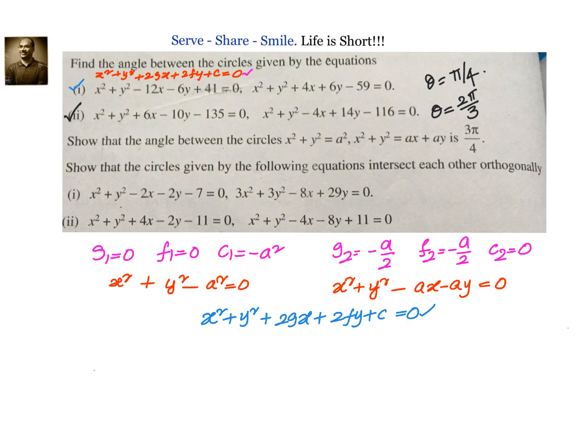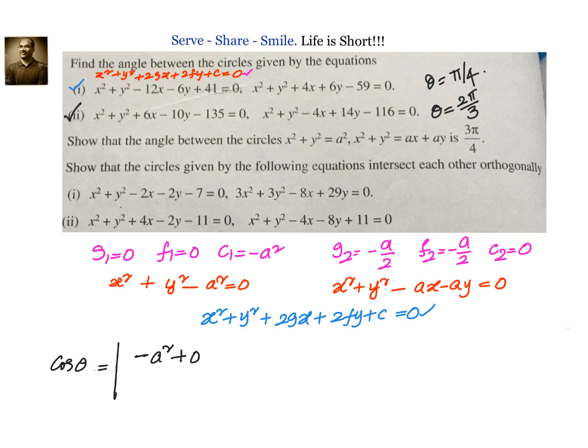Now once we have the G1, F1, C1 values, let's substitute in our formula. Cos theta equals to, by this time you remember the formula, C1 plus C2, that is minus a square.